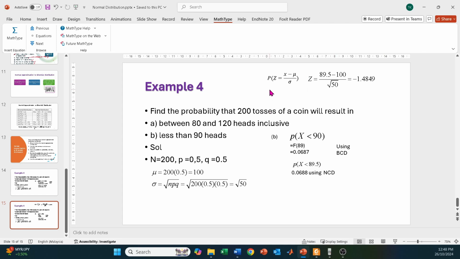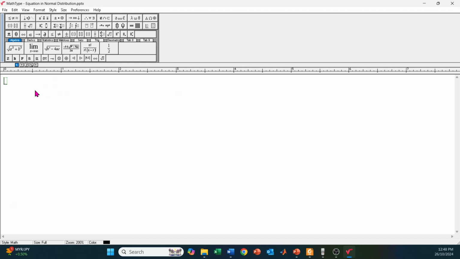That means I'm going to calculate the probability of z less than negative 1.4849.